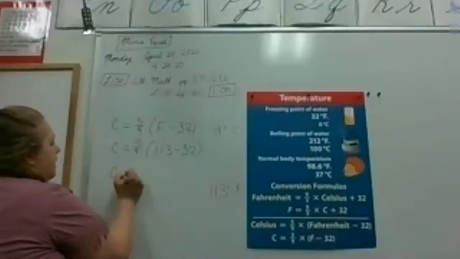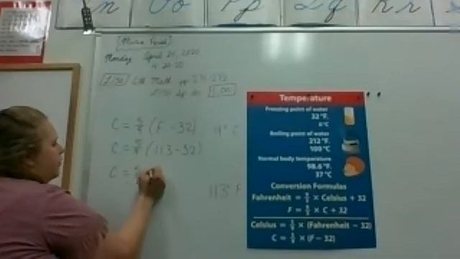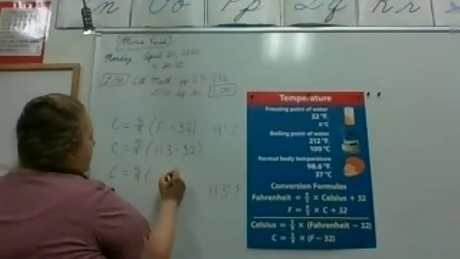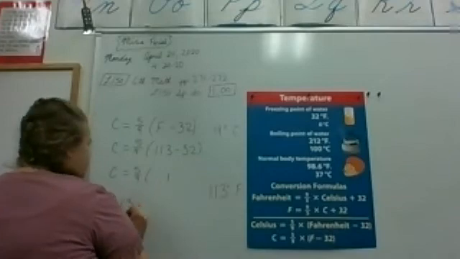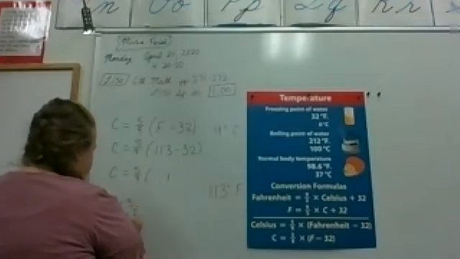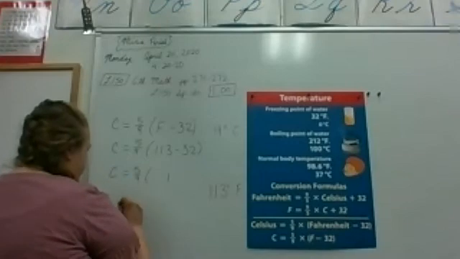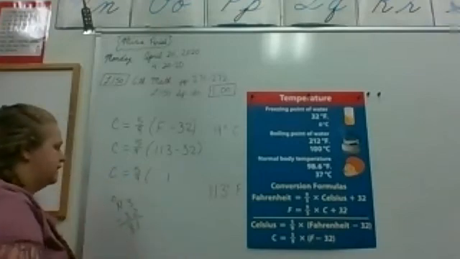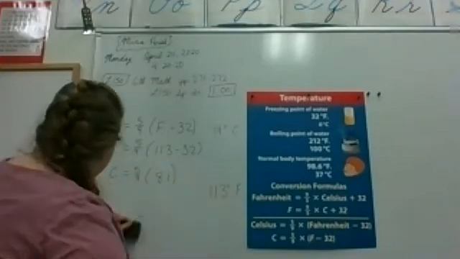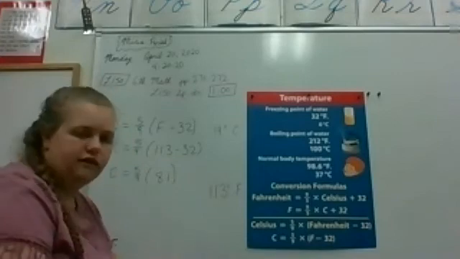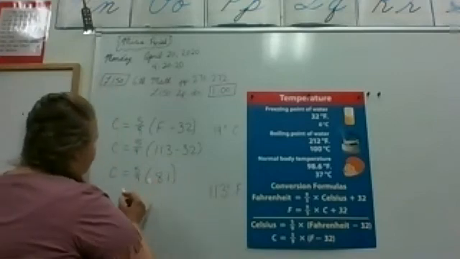Okay, so C equals 5/9, and we're going to multiply by, all right, just to make sure that my subtraction is correct, 3 minus 2 is 1, 11 minus 3 is 8. So yes, 81. I just wanted to double check that I was thinking correctly, okay?